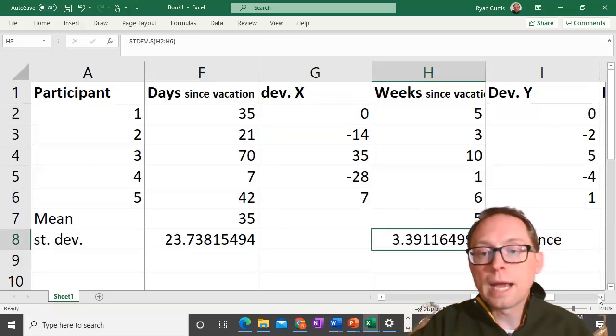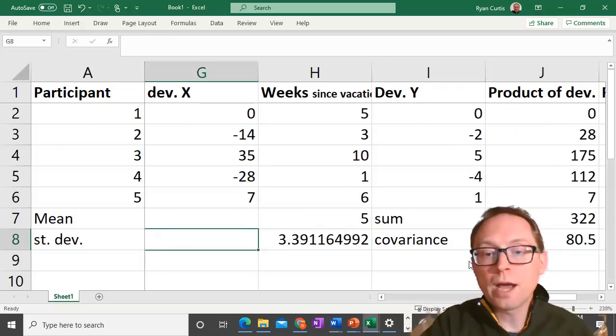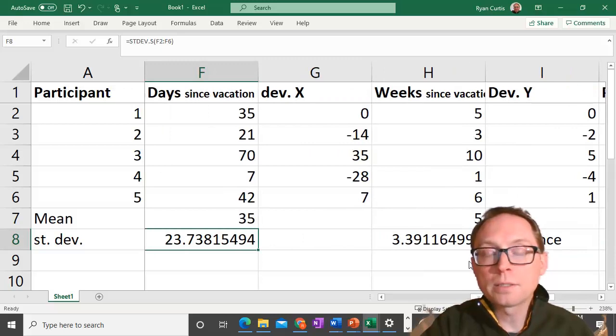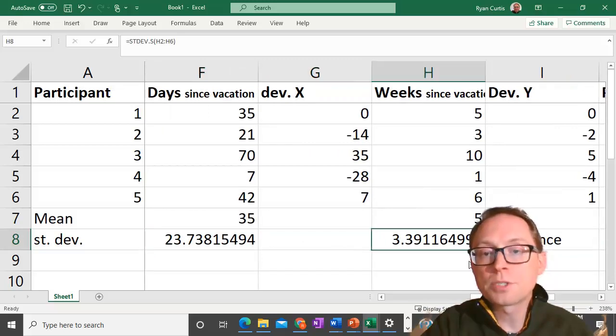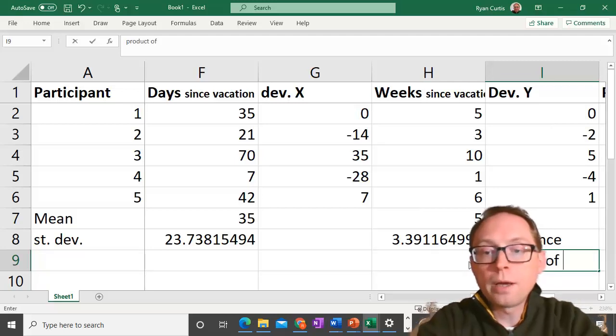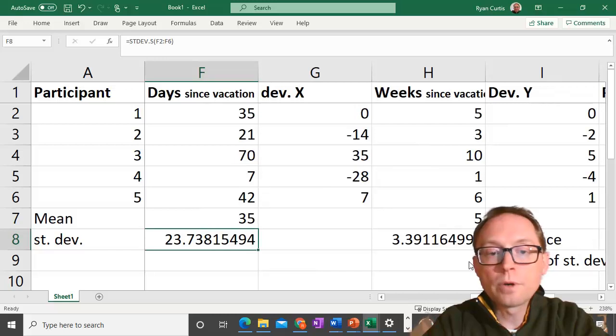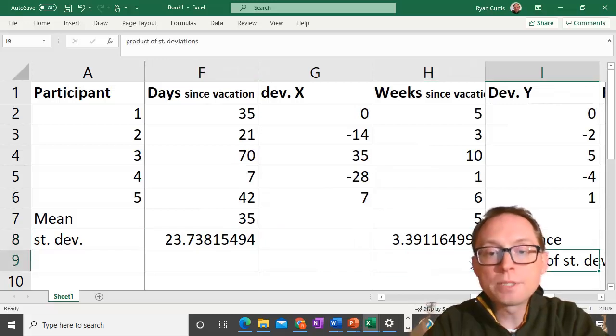Now, r, Pearson's r, is going to be the covariance, which for us was 80.5, divided by the product of the standard deviation of days times the standard deviation of weeks. All right? So let's go ahead and get the product of standard deviations. And that is going to be this standard deviation of days times this standard deviation of weeks.